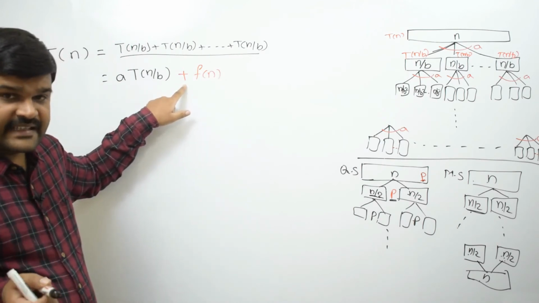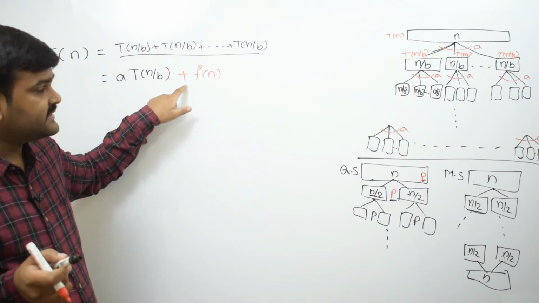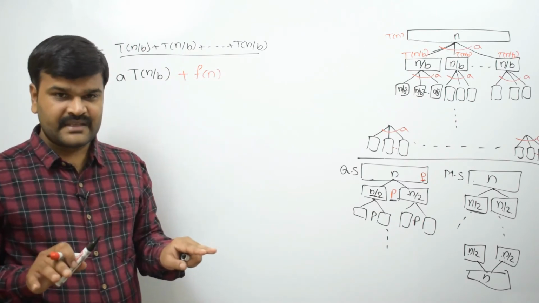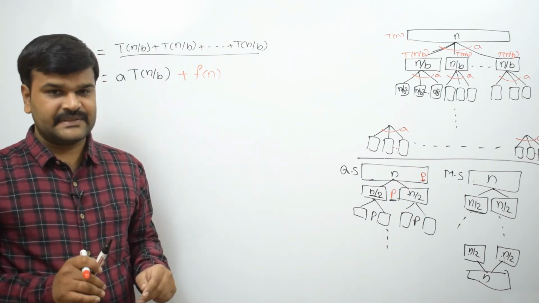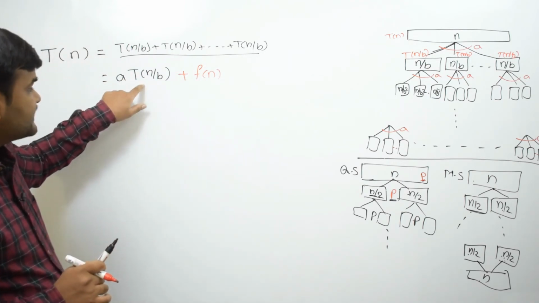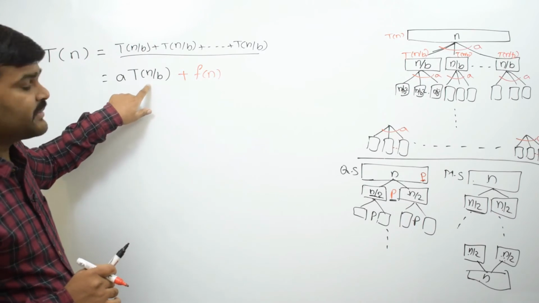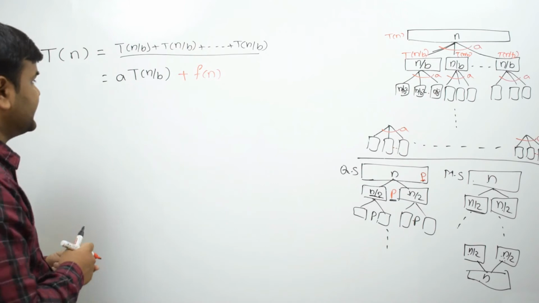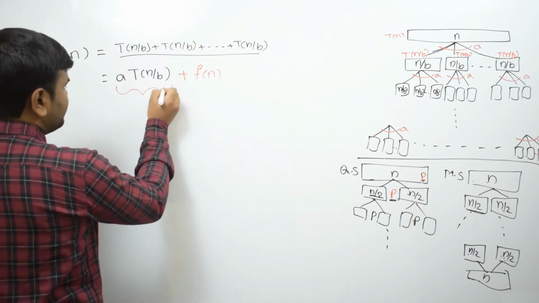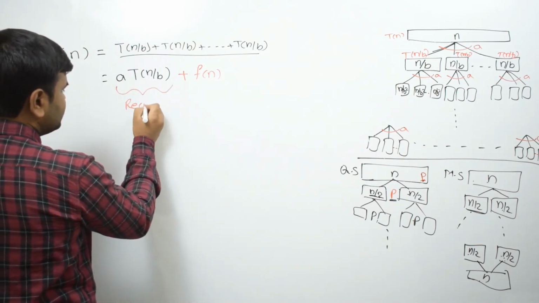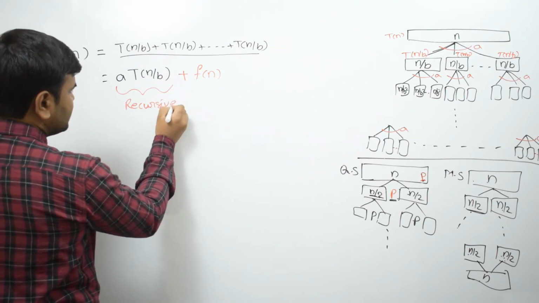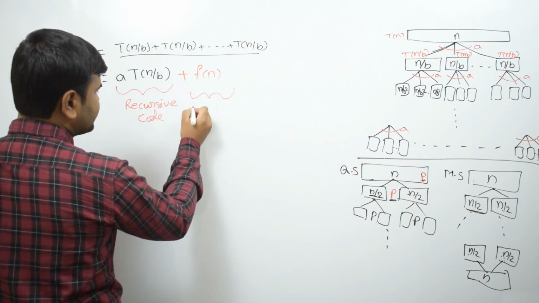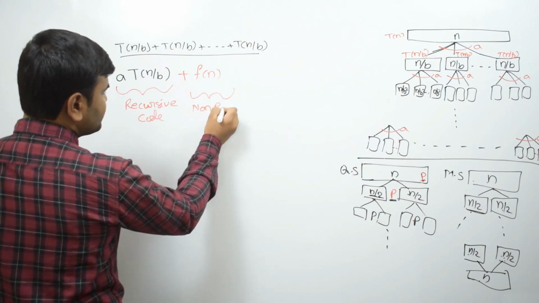Why are we adding here? Because this work and this work are purely independent. That is why you have to add them. Either before subproblem solving or after subproblem solving, you are going for this work. So you can say this is the time complexity for the recursive code and this is the time complexity for the non-recursive code.